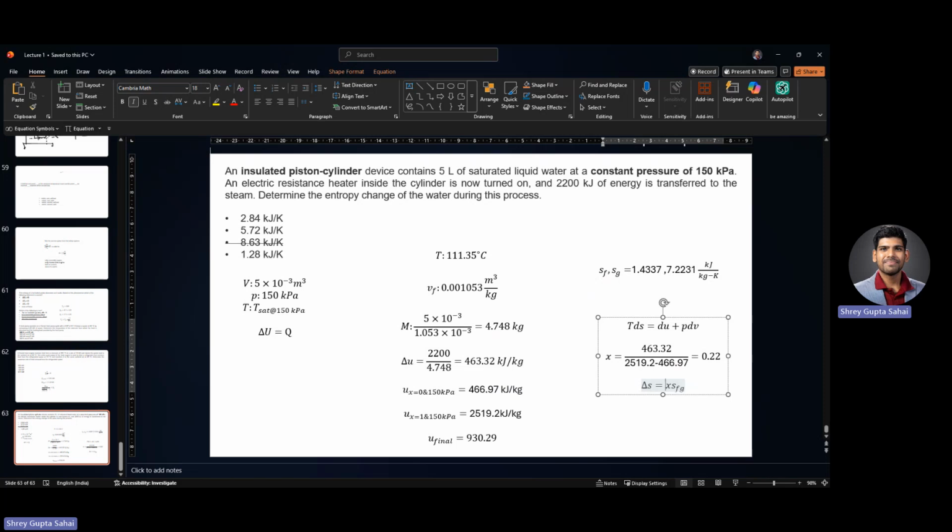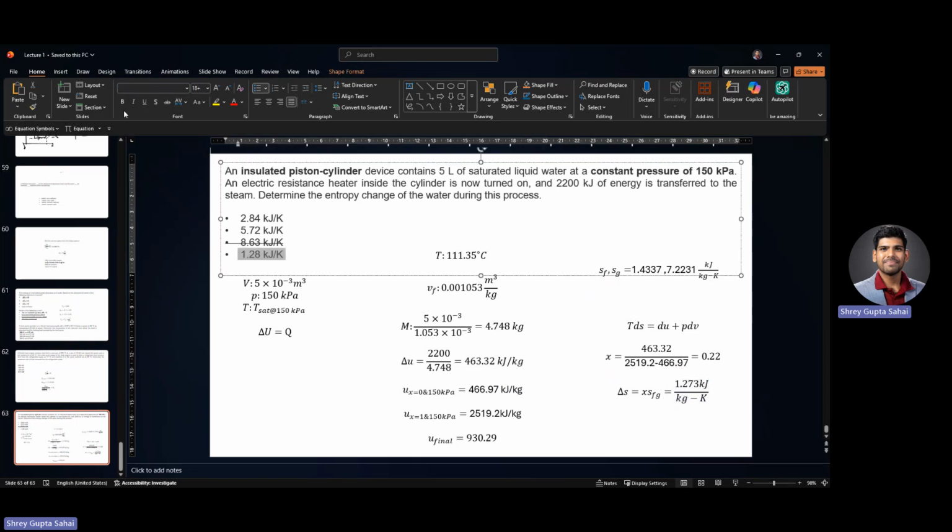SFG is known to me to be 5.7894. 5.7894 into 0.22 is 1.273. So roughly 1.273 kilojoules per kg Kelvin. This is what we're roughly expecting, and the answer is close to it. It should be this one. Let me quickly check and tell you if we've done it correctly or not.